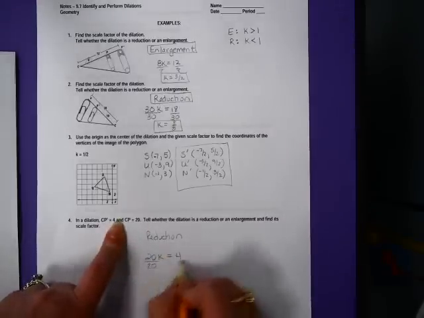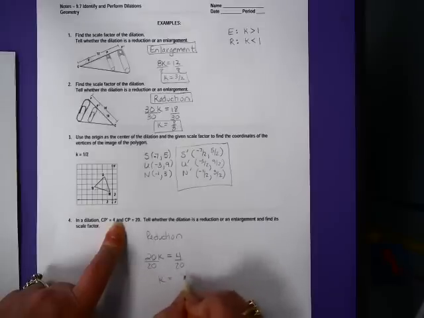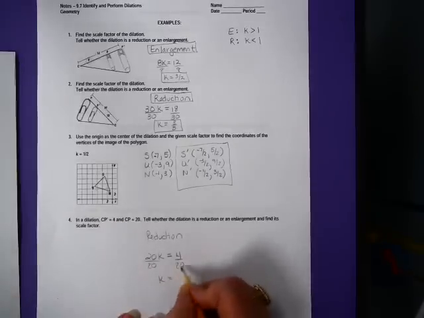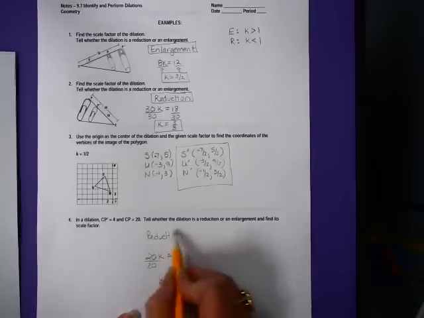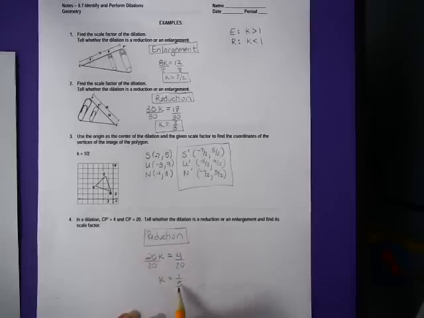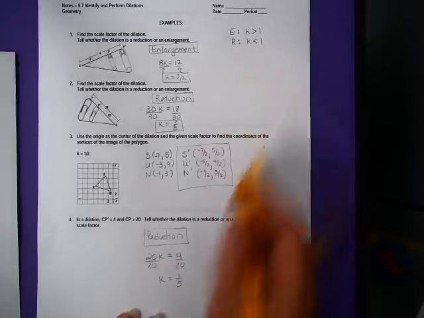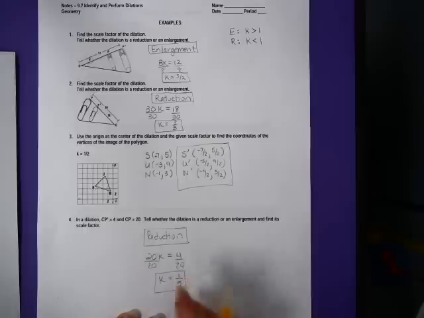So I'm going to divide by 20, divide by 20, so K is equal to 4/20ths reduced, which is divide by 4, 1/5. So it is a reduction, and since it's a reduction, it's less than 1. Check it, make sure. So my scale factor is less than 1.